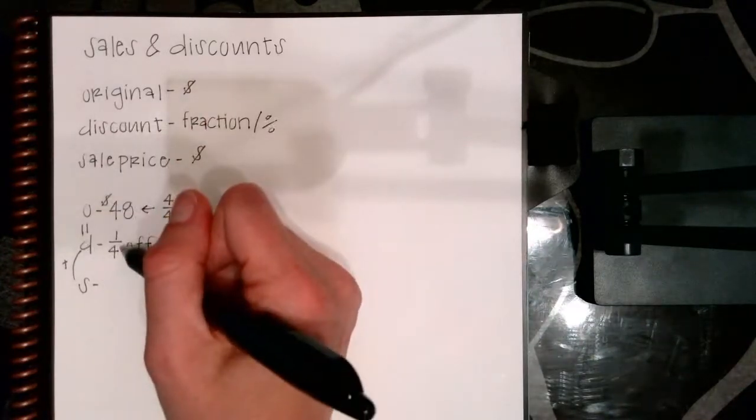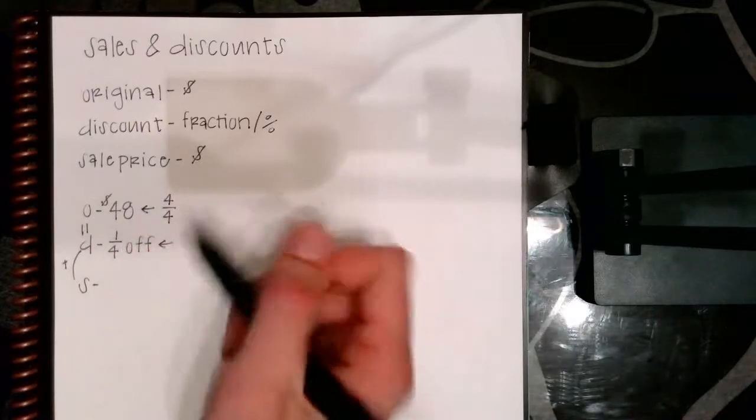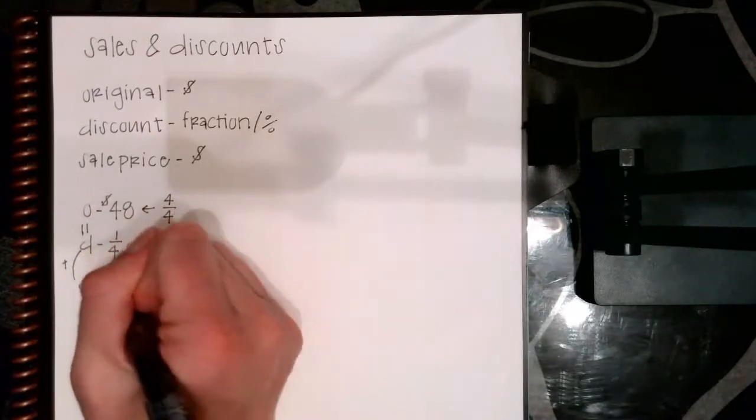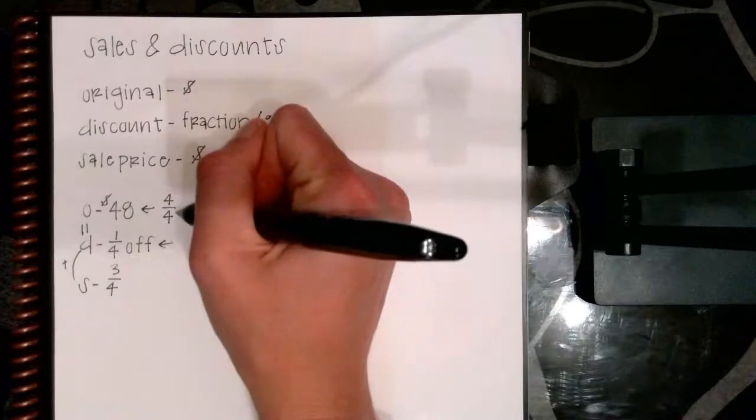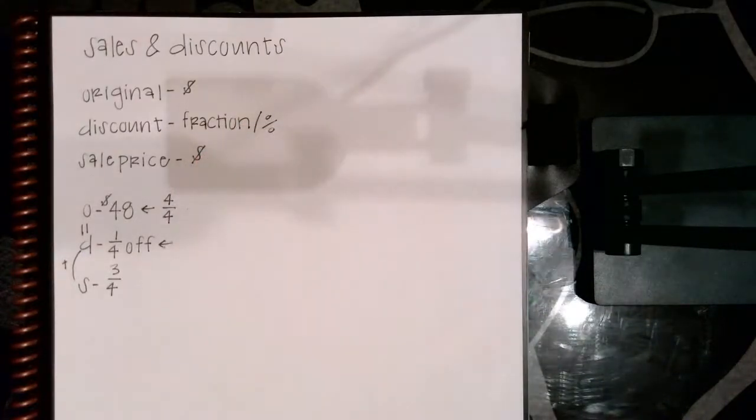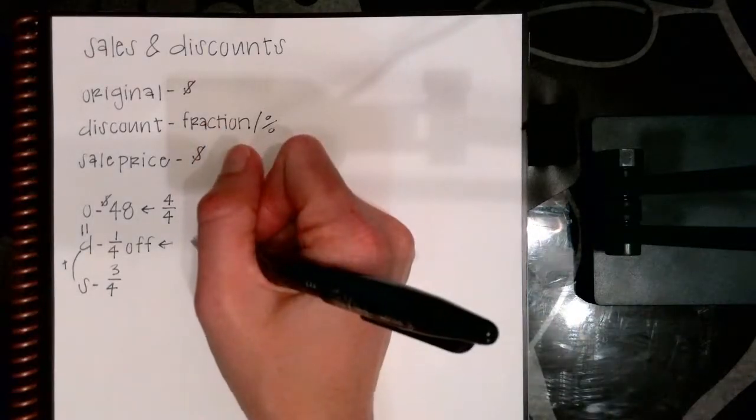So if I have 1/4, 1/4 plus 3/4 equals 4/4. Now that I have that, I am ready to go ahead and draw my tape diagram.